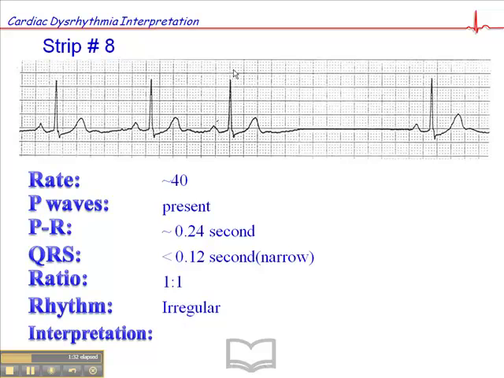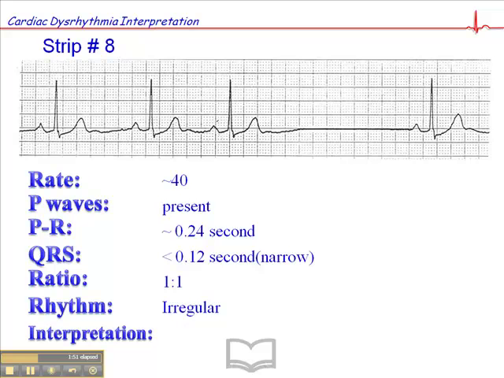We can guesstimate here that there are at least 2 beats missing in here, and this next one falls out of sequence. But the reality is this rhythm is completely irregular. These 2 R waves are not equidistant with this one, of course, and there's this pause here. So it's really quite irregular.